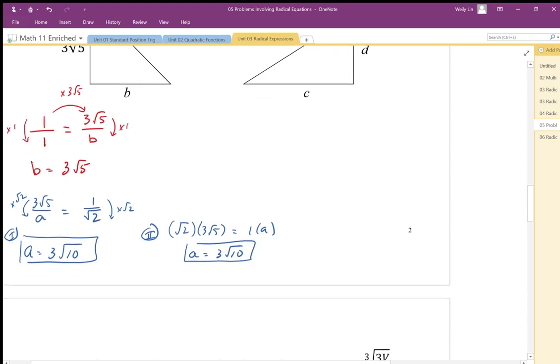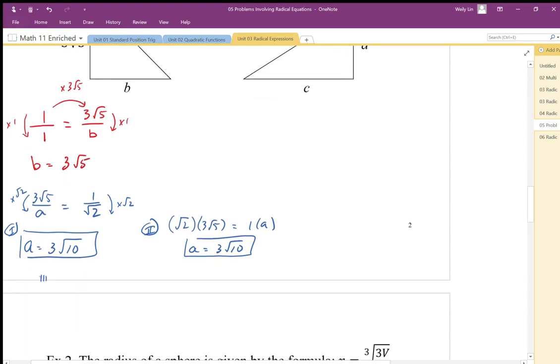And a third method you could use in this case would be just to use Pythagoras. We can say that 3 root 5 squared plus 3 root 5 squared is equal to a squared. So we end up with 9 times 5 plus 9 times 5 equals a squared.